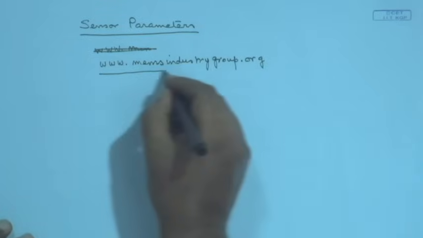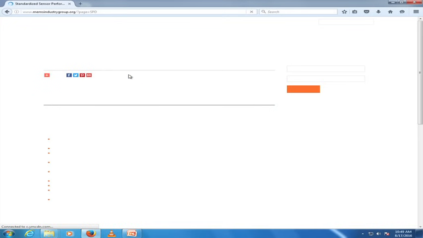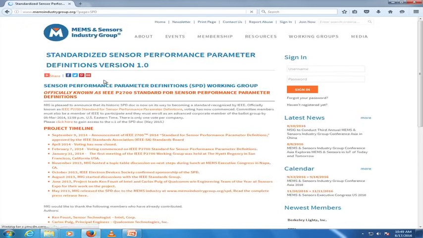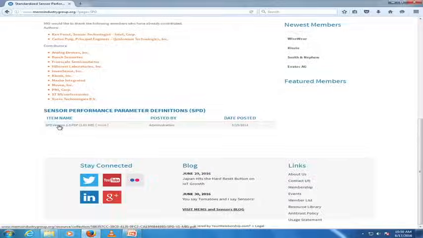So, I am just writing down mimsindustrygroup.org. If you go over here, you will find the standardized sensor performance definitions. If you go down this page, you will find this, and if you go here, you will find an SPD version, the first version of this.